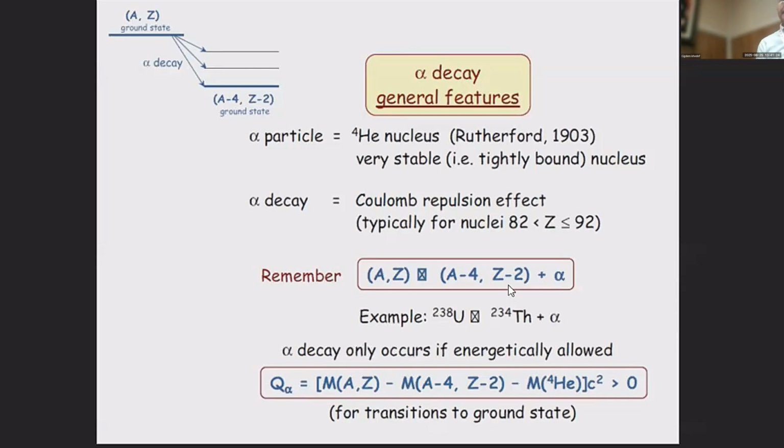The Q value of the decay is calculated by delta M times C squared, Einstein's famous equation, and it should, of course, be greater than 0.